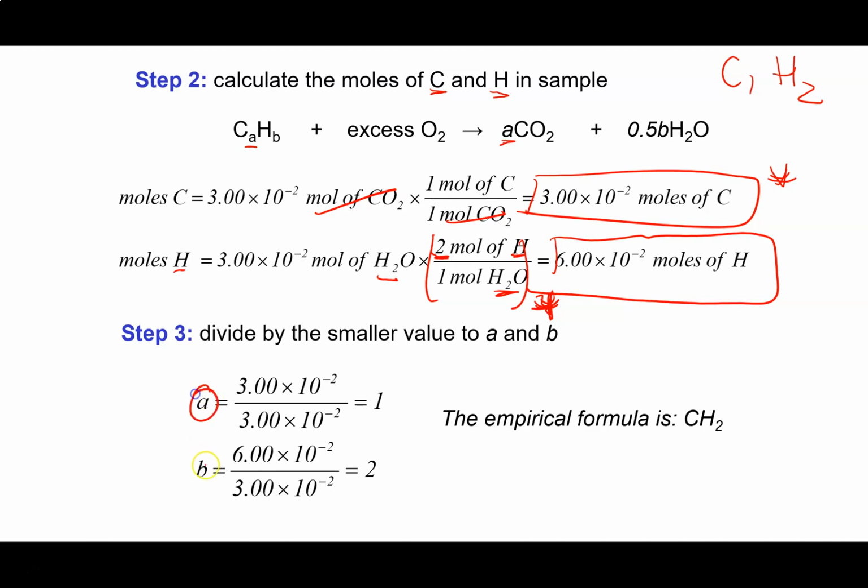That'll give you the coefficients that go in your formula. Sometimes it doesn't, and you have to multiply through by a small whole number to get a whole number ratio, but most of the time this will do it. Just divide by the smaller value to get your A and B that go into your formula. So there we are. We figured out that the empirical formula is CH2.